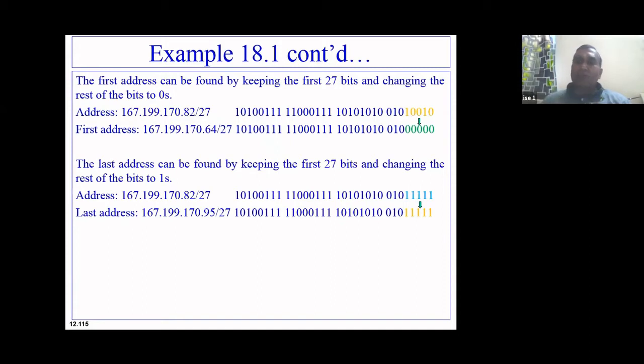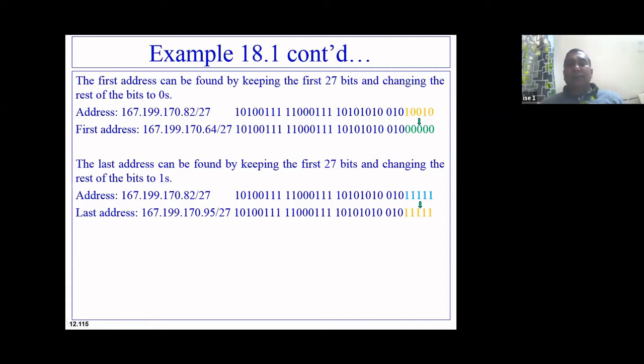So in that scenario, what you do is, you convert it to binary. 167 in binary is this. You can just find this. This is nothing but 1 plus 2, 3, plus 4, which is 7. Then 8 and 16 are 0.